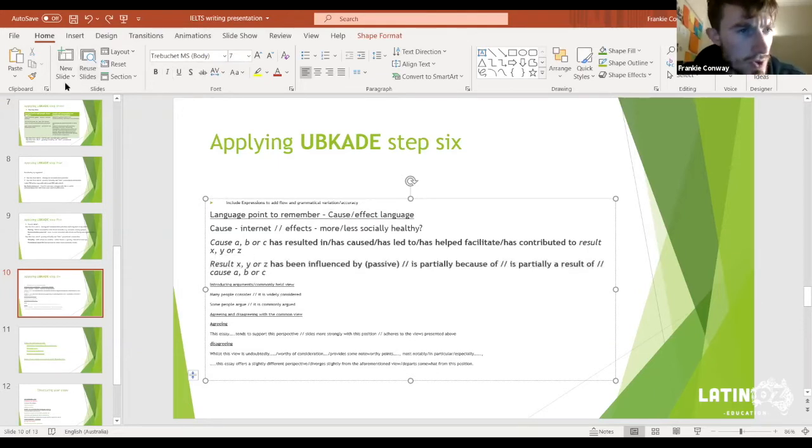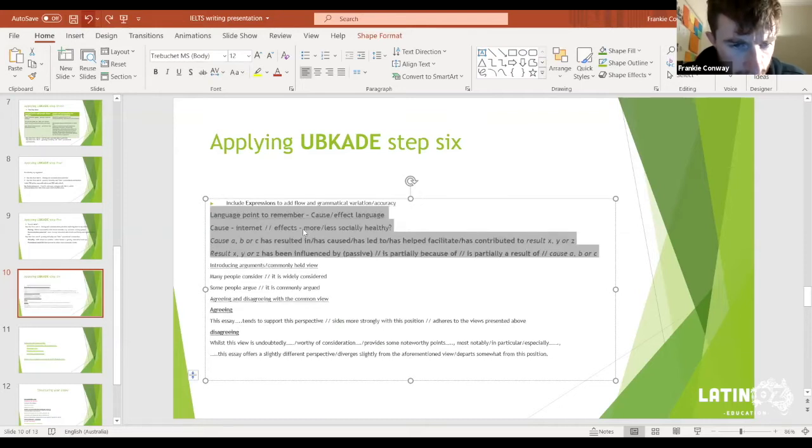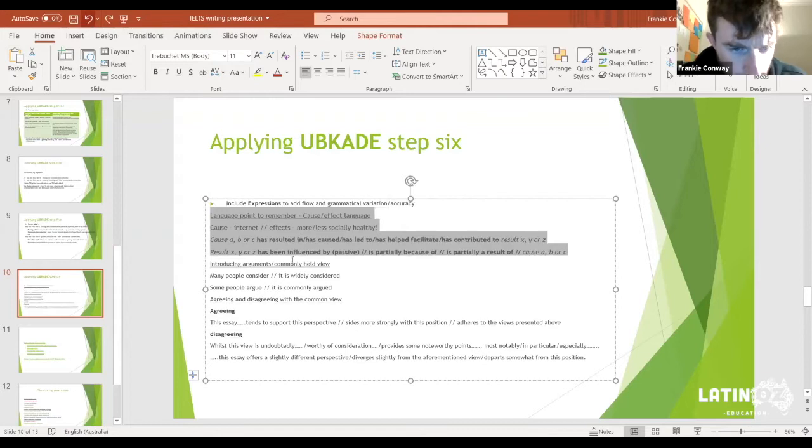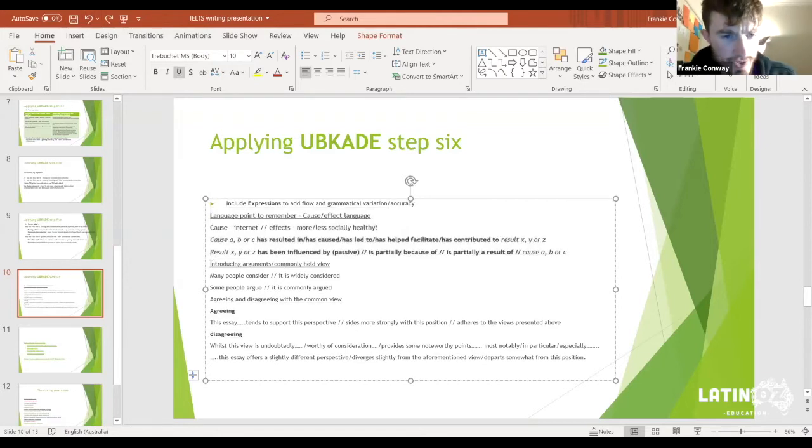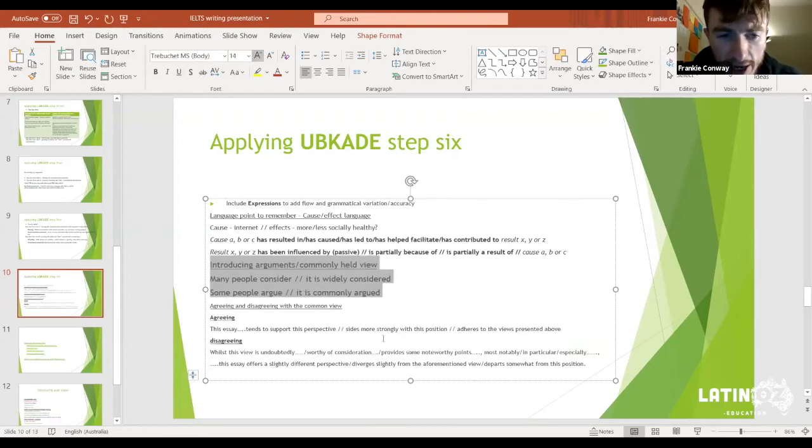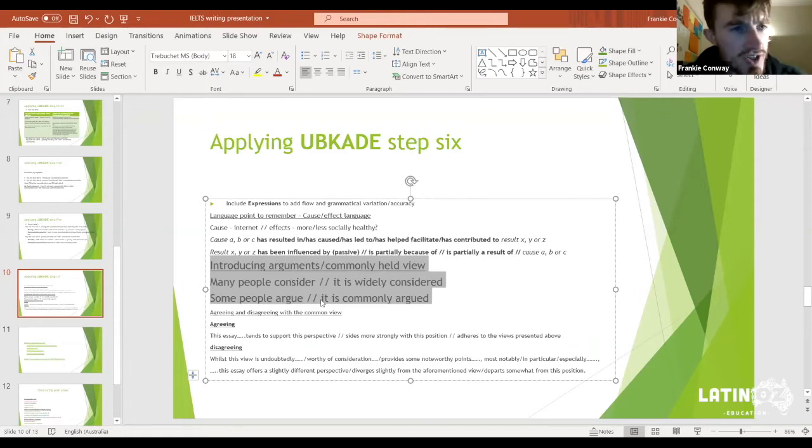Okay, so let me just address the other grammatical points there, guys, in this slide. Then we have introducing arguments, guys, or the commonly held view. This we would do at the beginning of each main body paragraph when we're highlighting the view of a particular side.